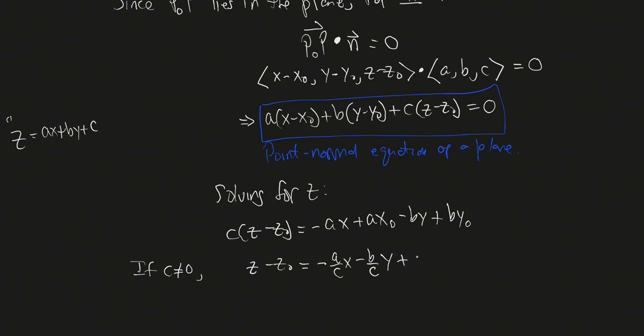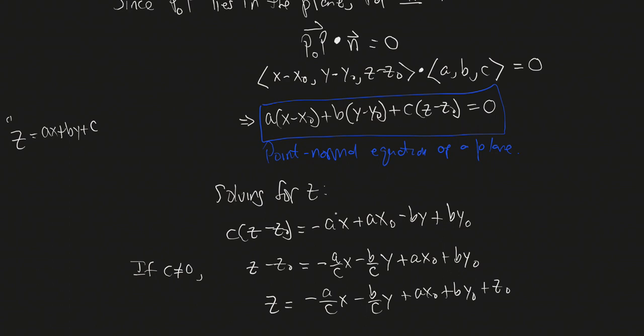So then I'll have plus ax0 plus by0, and then add z0 to both sides, and then we get this: negative a over c x minus b over c y, plus ax0 plus by0 plus z0.